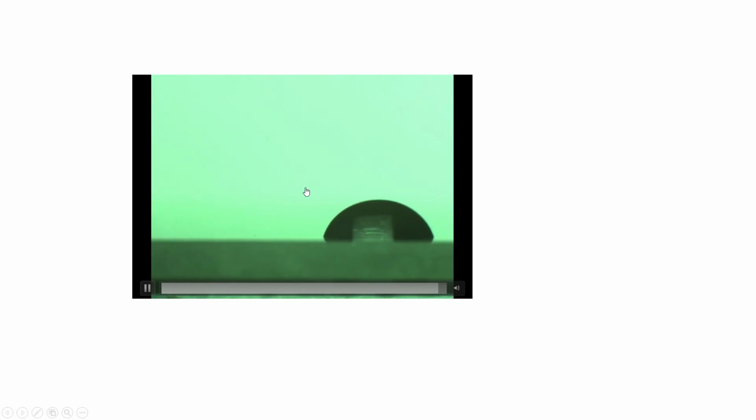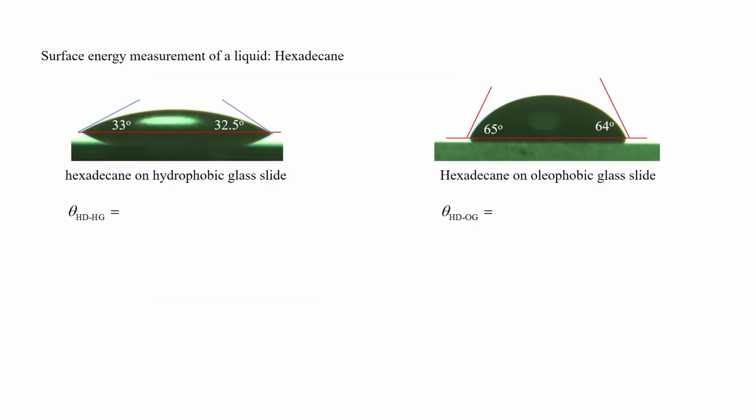Right. Now you see that the contact angles on these two surfaces are different. The surface is actually the same material-wise, but we have made it different by chemically changing the surface.